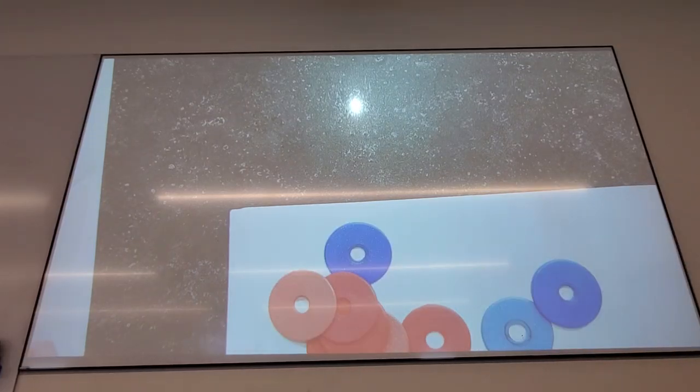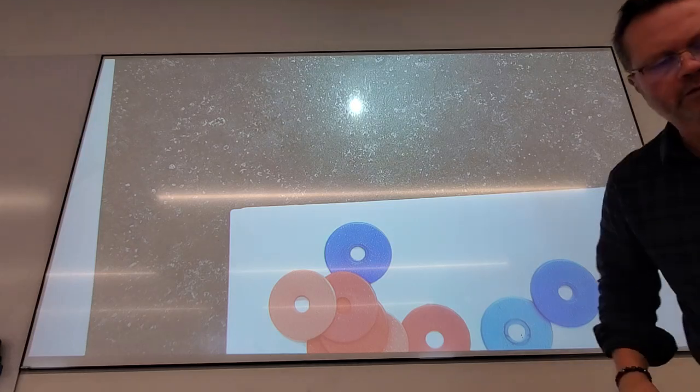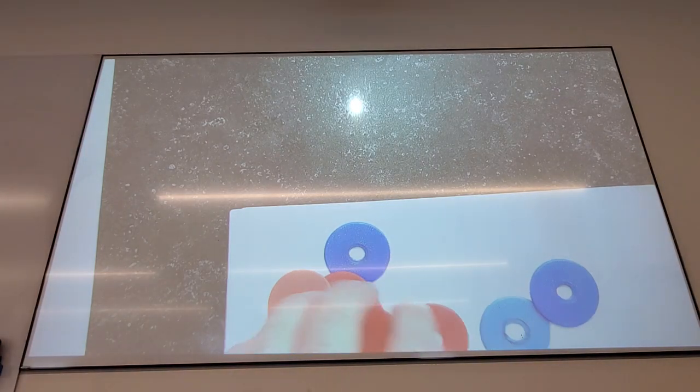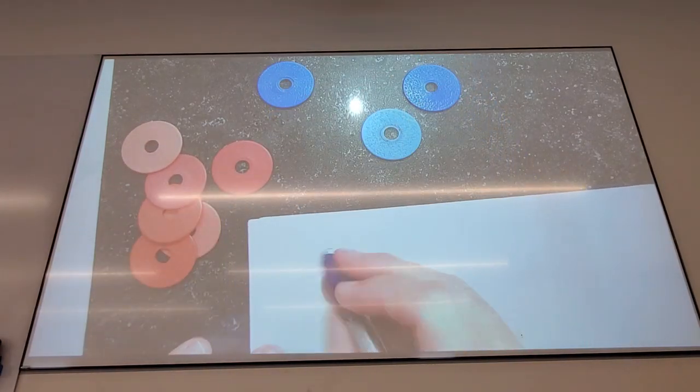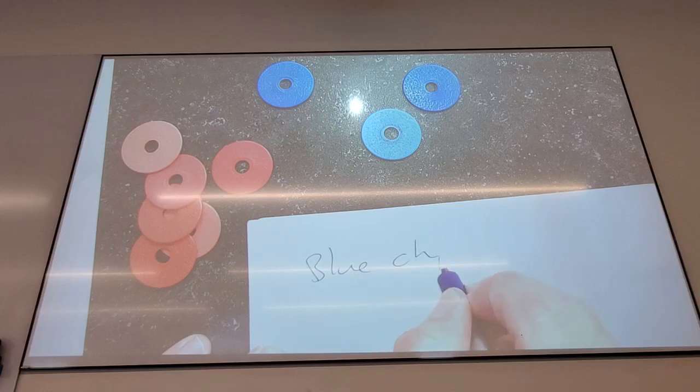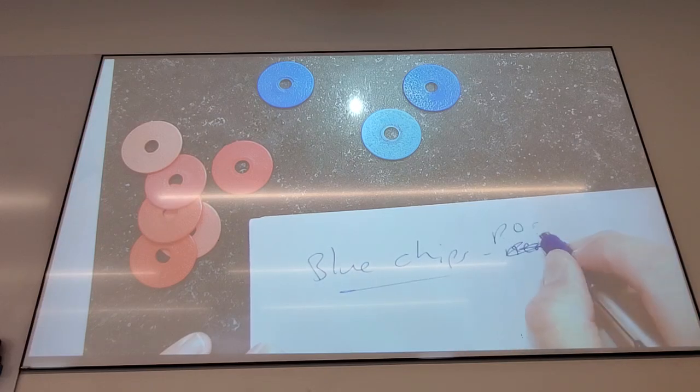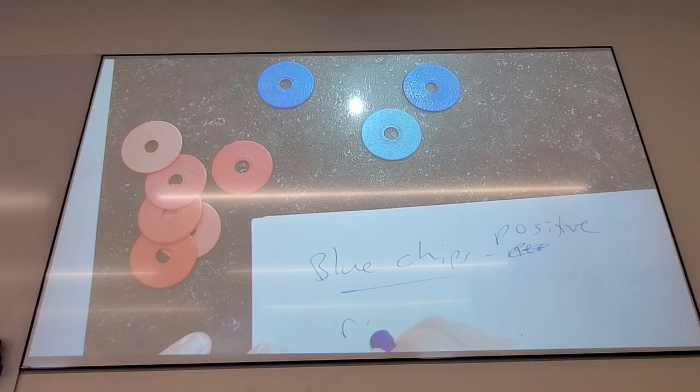Unfortunately, we don't have black chips. The book talks about black chips. I've only got blue and red. So the blue is going to represent positive, and the red represents negative.